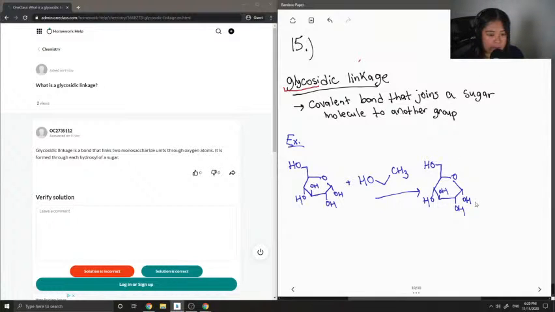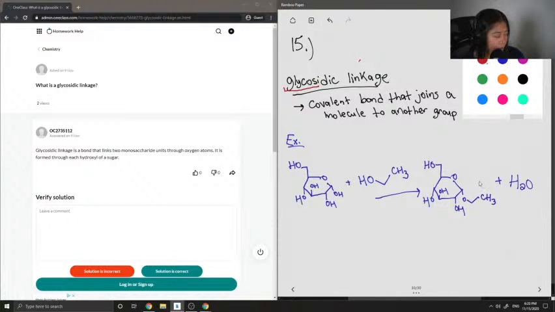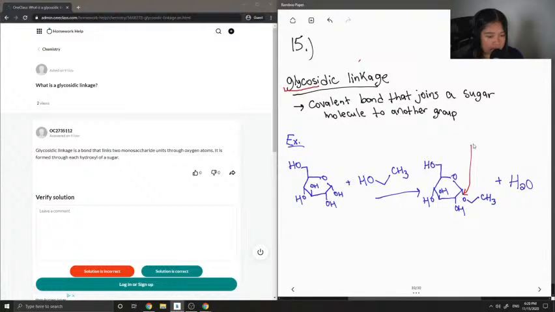But instead of where you would have this alcohol, I'm going to show where it is bound to the ethanol to form that as the final product, plus water as a byproduct. And then I'll label the glycosidic bond to be right here.